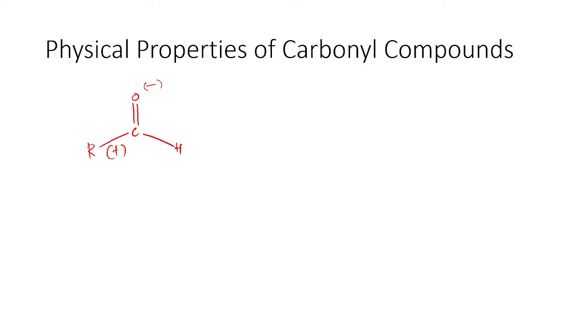So this high polarity is due to the carbonyl group itself, the bonds on the carbon to oxygen double bond and the oxygen itself. So this is one of the physical properties of carbonyl compounds: they are highly polar.